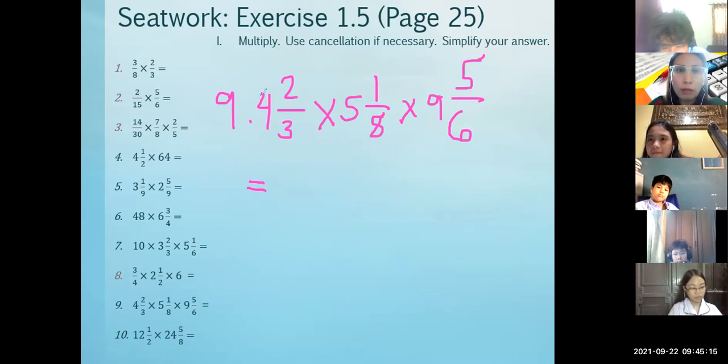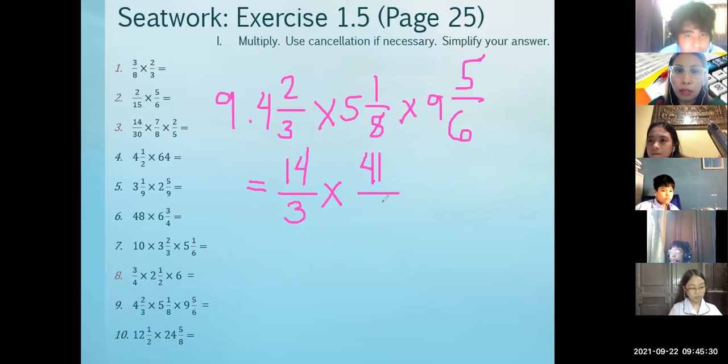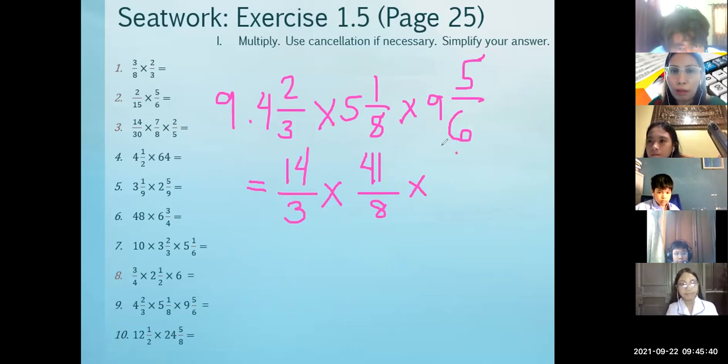Let's convert. 4 times 3, 12 plus 2, 14 over 3. 8 times 5, 40 plus 1, 41 over 8. Copy lang the denominator. And 6 times 9, it's 54 plus 5, 59 over 6.